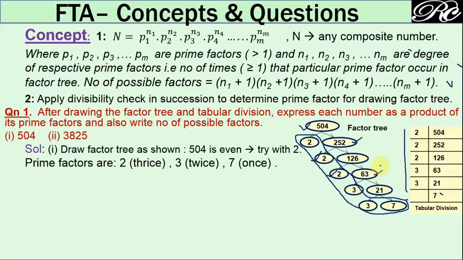Say 63. How is this 63? 63 can be obtained by taking this section. 63 is broken into 3 multiplied by 21.